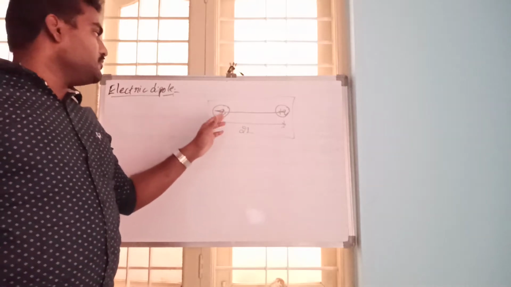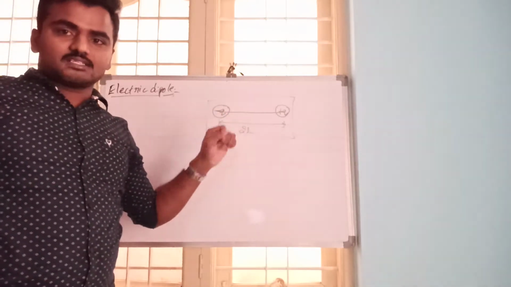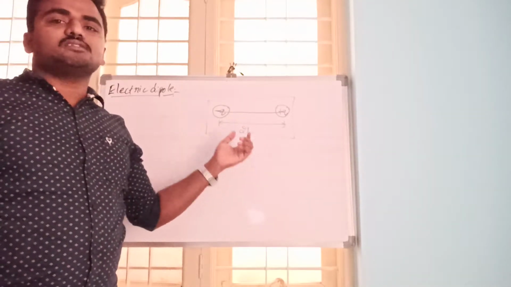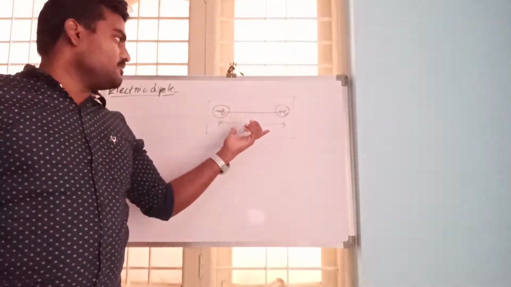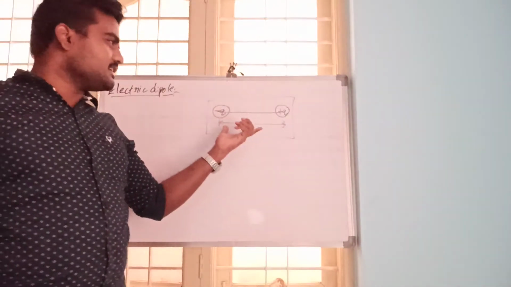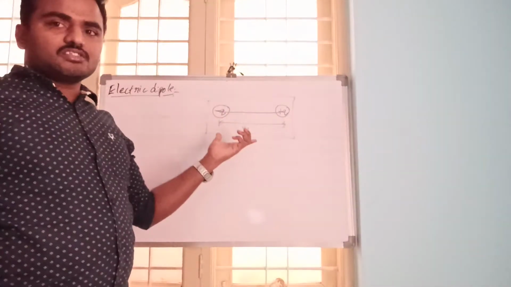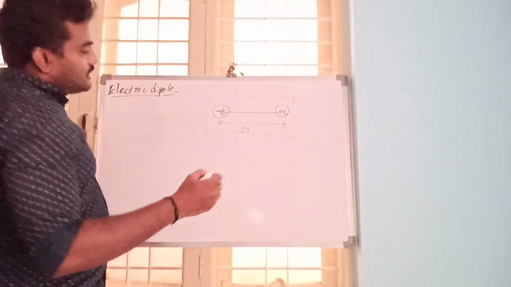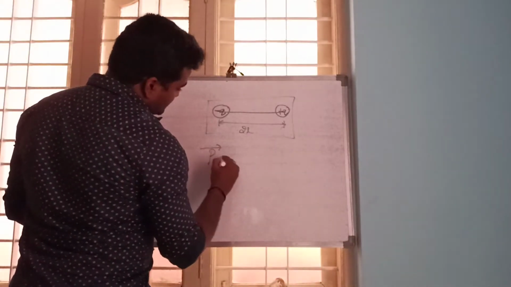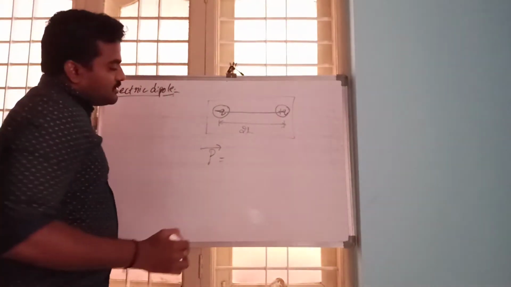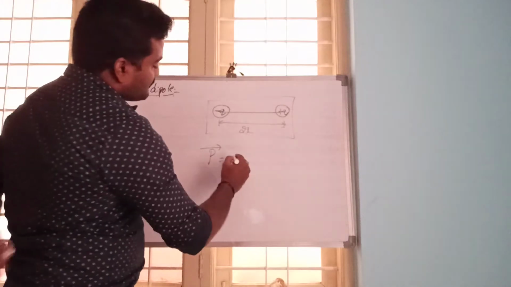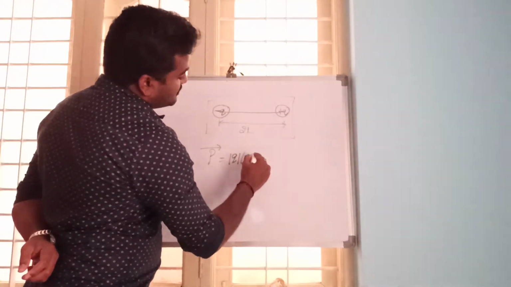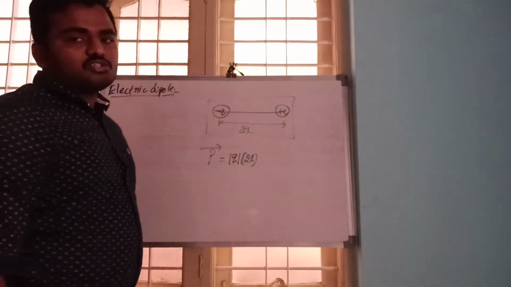So if two equal and opposite charges are separated by a very small distance 2L, the entire setup is called an electric dipole, and we will measure the dipole moment for this electric dipole. That dipole moment has a magnitude equal to the product of the magnitude of either charge and the length between the two charges.